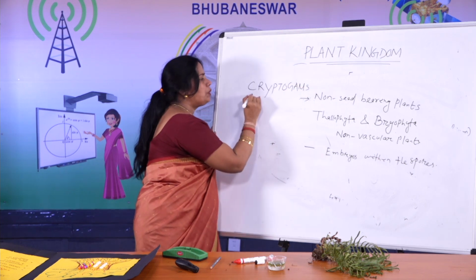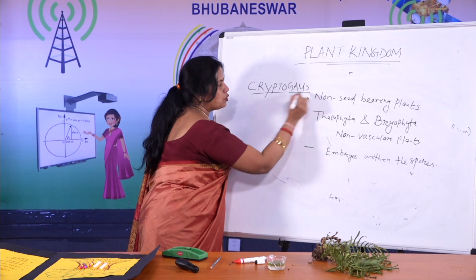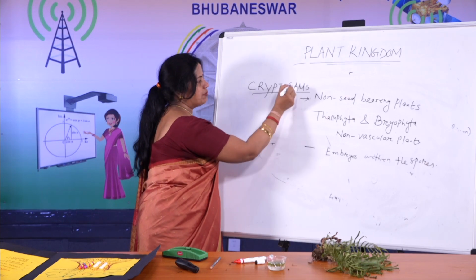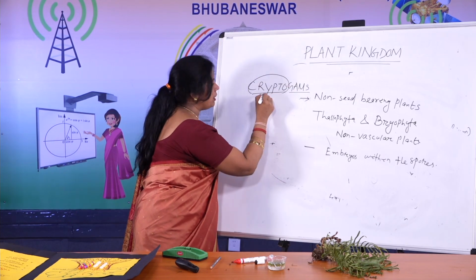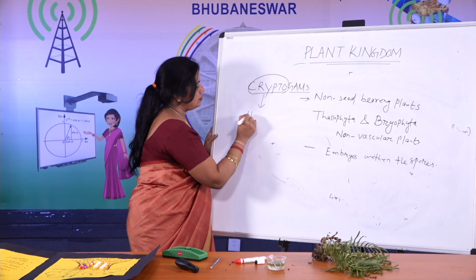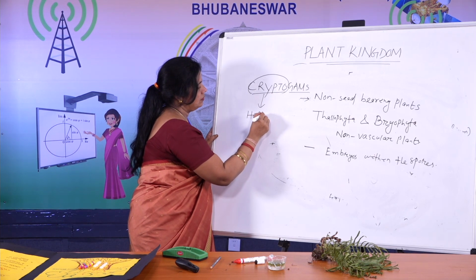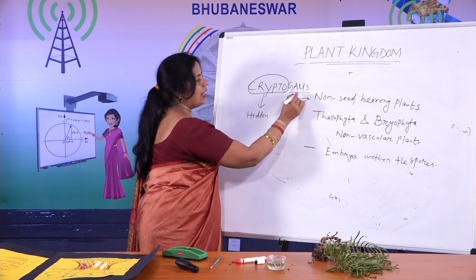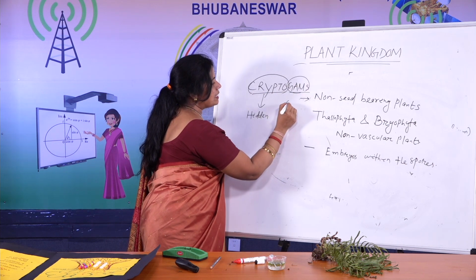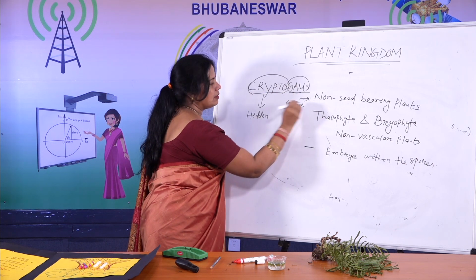Crypto and gams, two words, crypto plus gams. Here crypto means hidden, and gams, not gam, it is gamy, G-A-M-A-E.